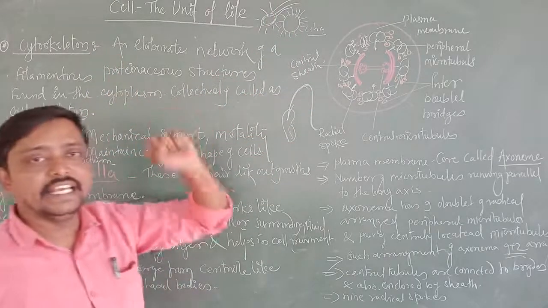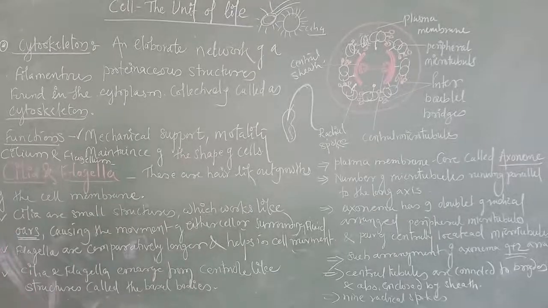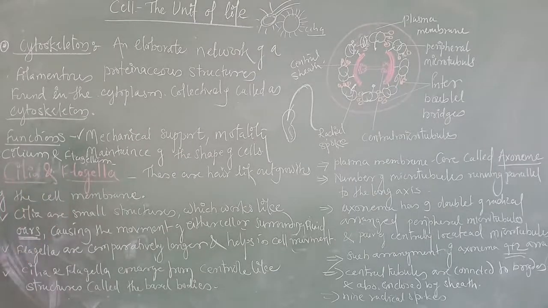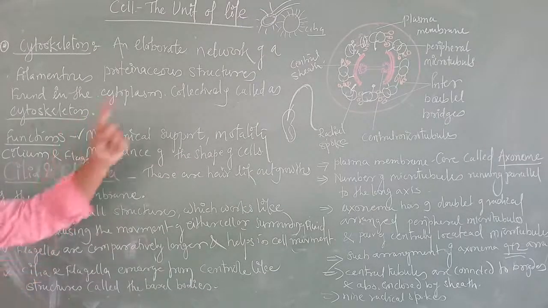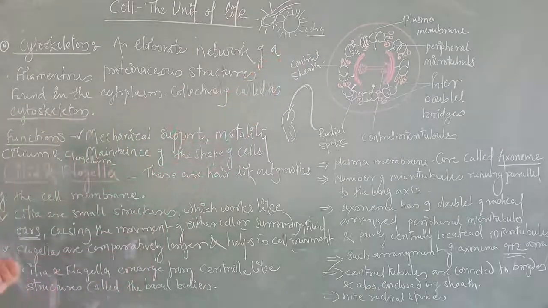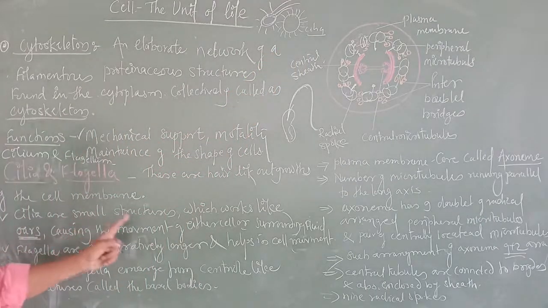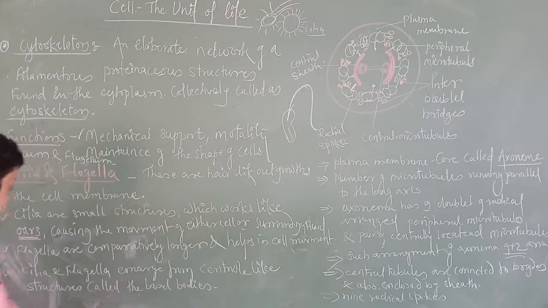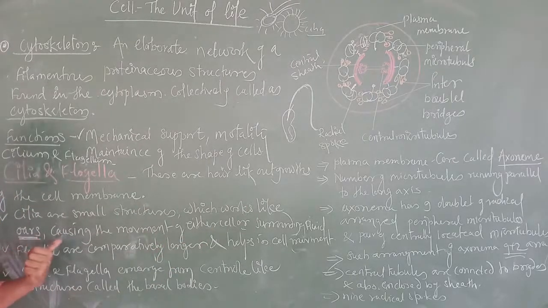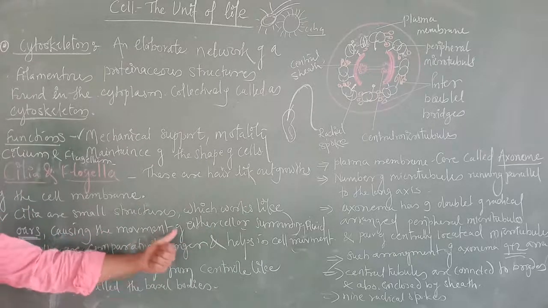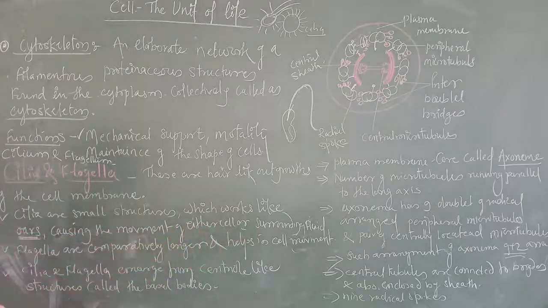Hair-like outgrowths on the cell membrane are what we call cilia and flagella. The cilia are small structures which work like oars. They cause the movement of either the cell or the surrounding fluid.